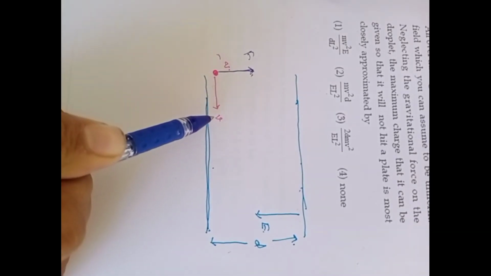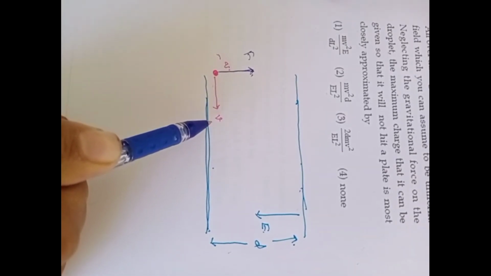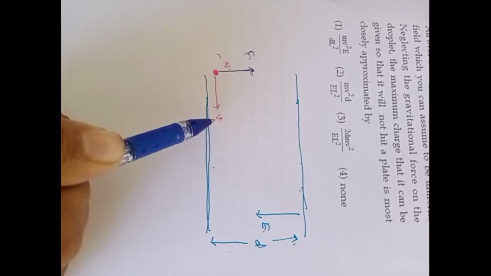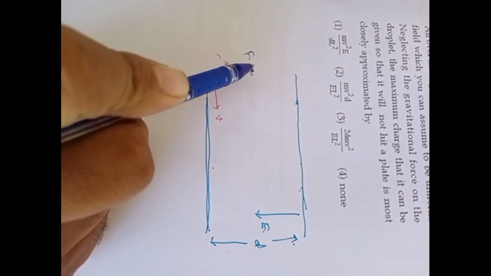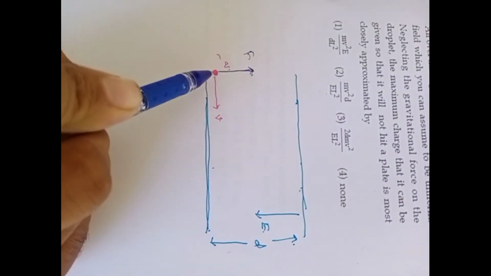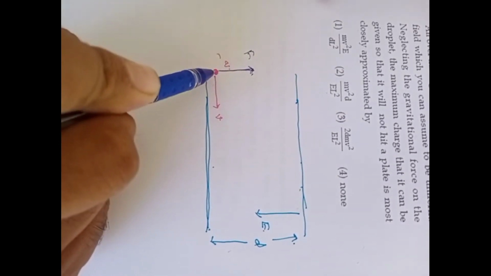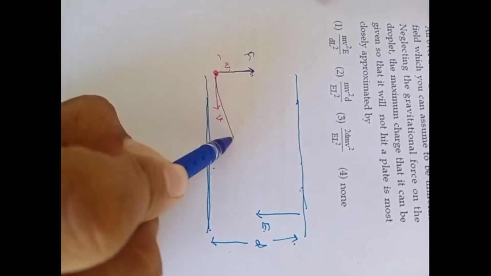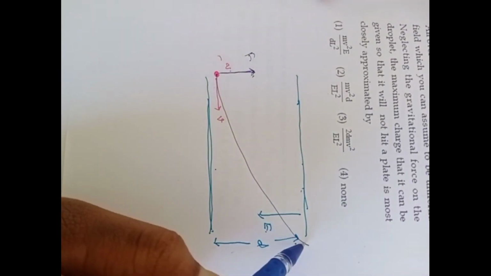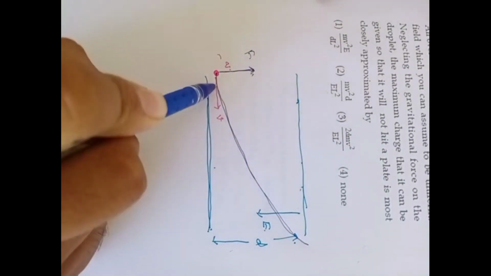Already the velocity is like this, along the x-axis. Now the force is acting on the particle along the y-axis. Because of these two, the path came like this.